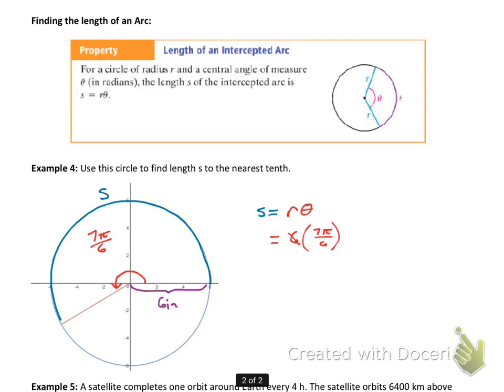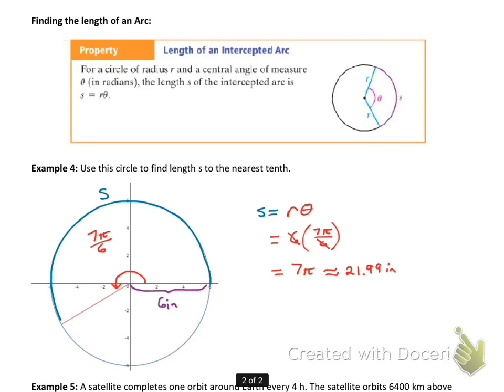And 6 and 6 cancel, so s just ends up equaling 7 pi. For this case, we want it to be more practical, to find the actual length instead of having it in terms of pi. So if you put 7 pi into your calculator, that ends up being 21.99 inches.